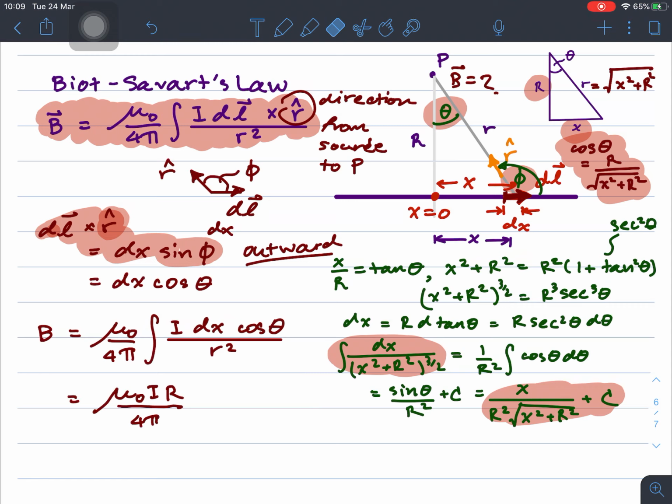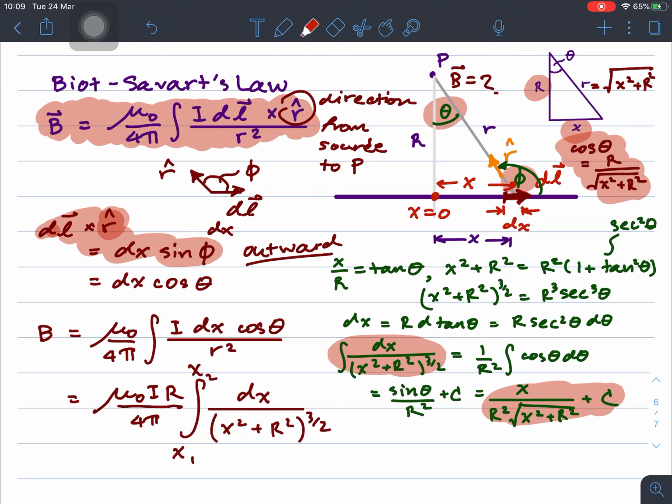What I have left in our integral will be the integral of dx, from x1 to x2, divided by the square root of x squared plus R squared, to the power of 3/2.